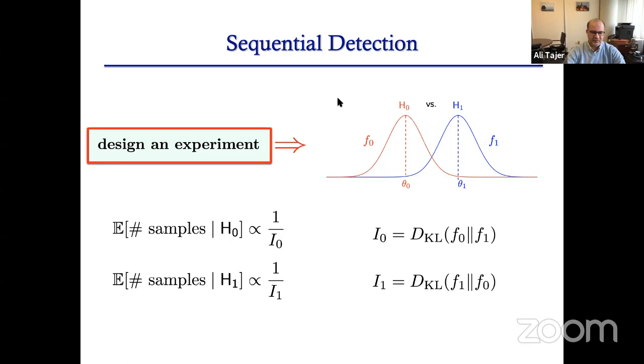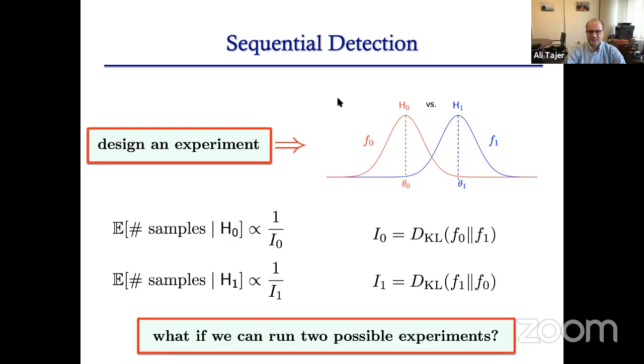Now let's assume that for running an experiment or testing a hypothesis, you have two alternatives, two microscopes for observing your material. Depending on which microscope you use, you will have different distributions, F0 and F1, and based on that, you will have different information measures, I0 and I1. So selecting that experiment is becoming very important.